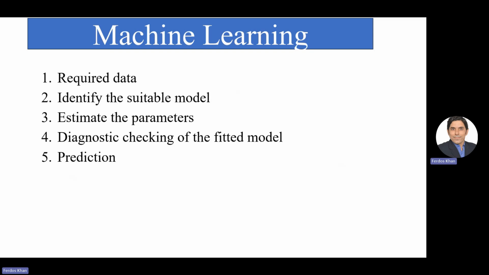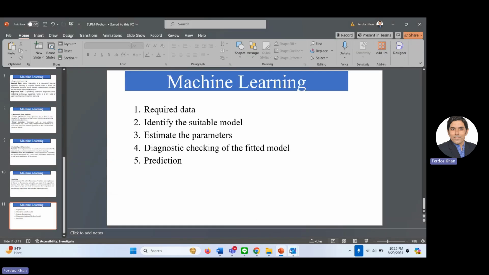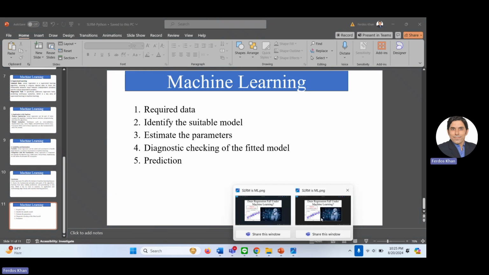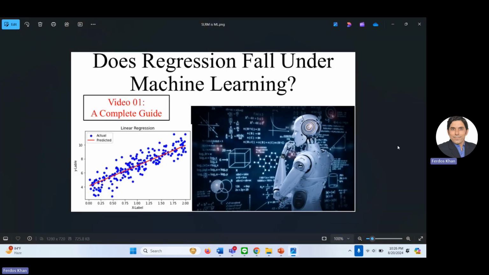So what we conclude is that there are important aspects shared by the two, regression and machine learning. Therefore we can say, broadly speaking, that regression falls under machine learning, and you can say this is a type of machine learning.